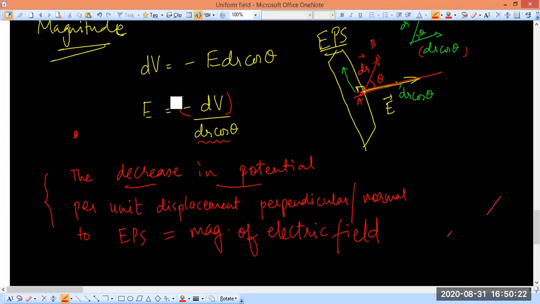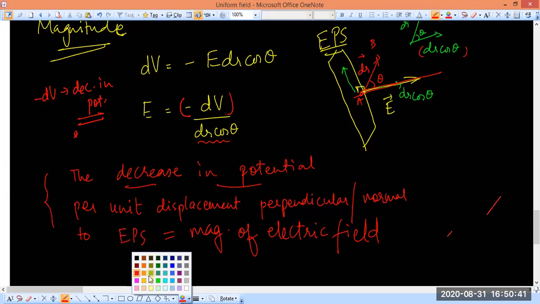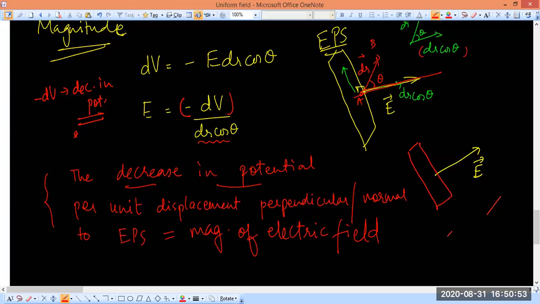Okay, so again, going back to this relation, let's watch this carefully. Numerator. What is the numerator? Minus dV. Minus dV means decrease in potential, correct? Okay. And then we are dividing by, let me draw one more diagram here. Suppose this is electric field at this point, then the equipotential surface is perpendicular to that electric field, like this, right?